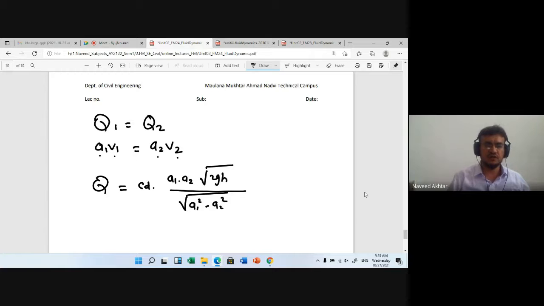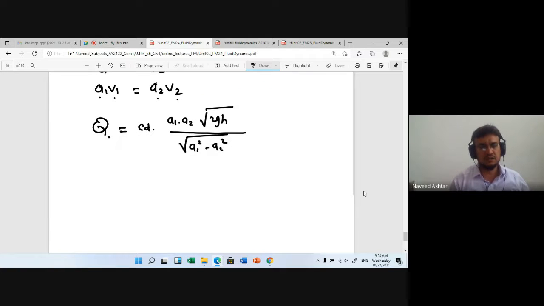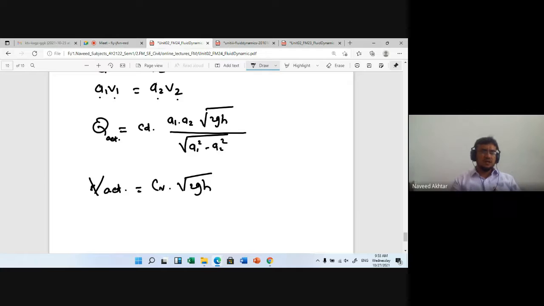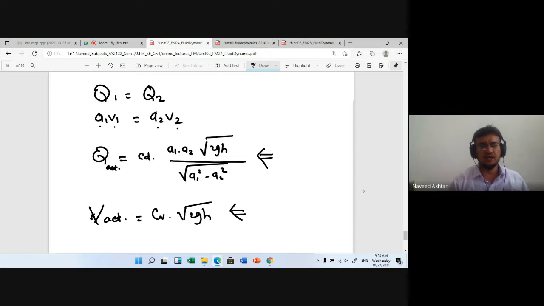You also know the velocity formula, V actual is C into under root of 2GH. Based on these formulas, you can find the discharge or the velocity, and velocity can also be found using the continuity equation.